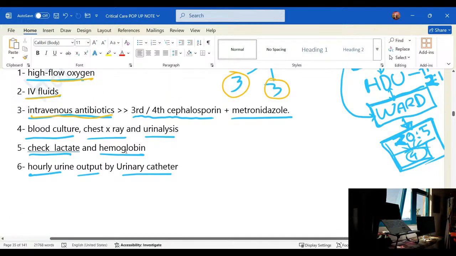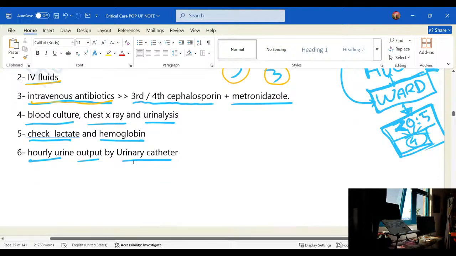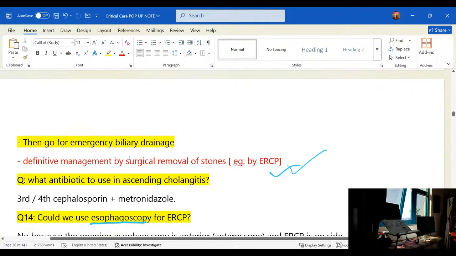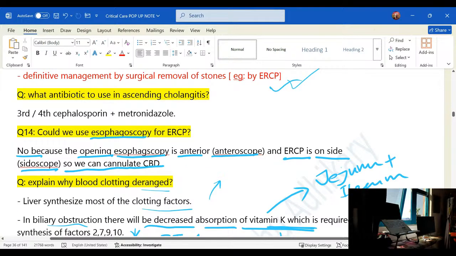To see the response, we'll put a urinary catheter and take hourly output, and we'll prepare the patient for definitive management, that is removal of the stone by ERCP. What antibiotic? Fourth generation cephalosporin with metronidazole.